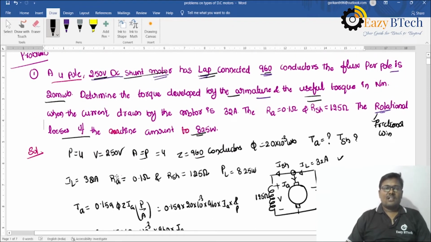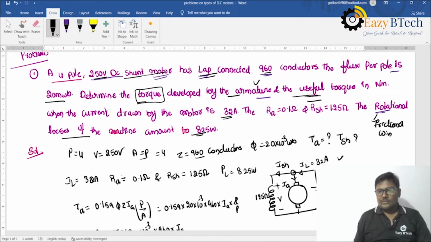So check this question. The rotational losses of a machine amount to 825 watts, and when the current drawn by the motor is 32 amperes, determine the torque developed by the armature and the useful torque. It's very simple.